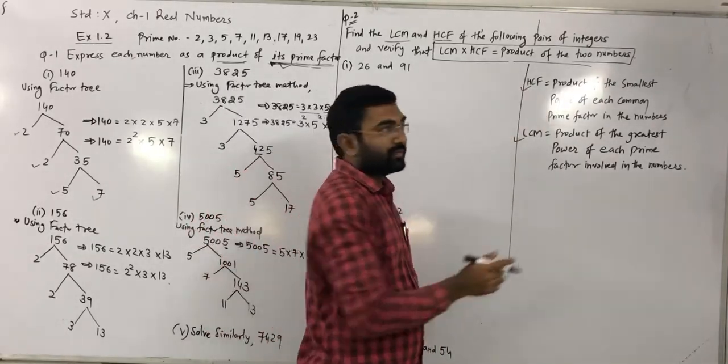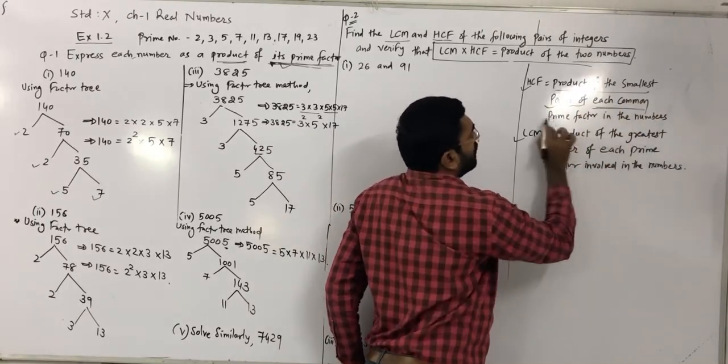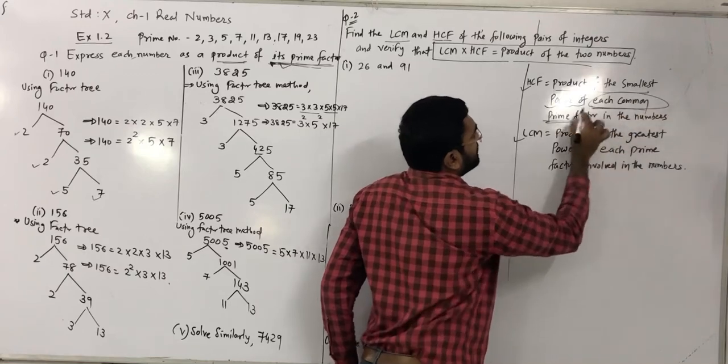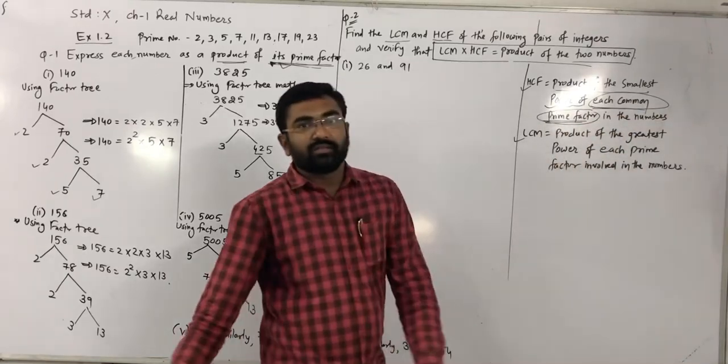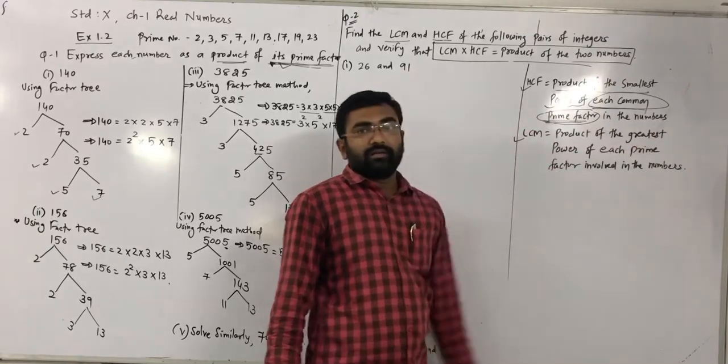HCF means the product of the smallest power of each common prime factor. For each common prime factor, we take the smallest power for the given numbers.